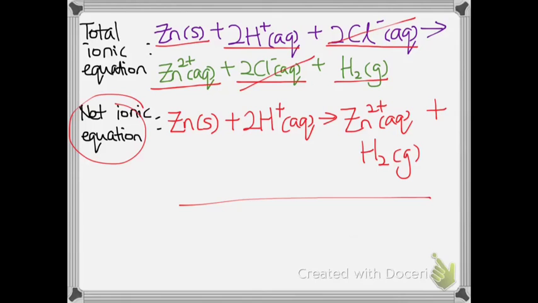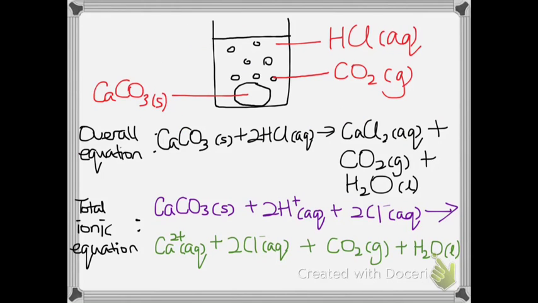Now let's consider a slightly more complicated example. Let's look at the reaction between calcium carbonate and hydrochloric acid. Now the overall equation for this reaction is of course calcium carbonate reacting with hydrochloric acid to give you calcium chloride, aqueous, carbon dioxide gas, and liquid water.